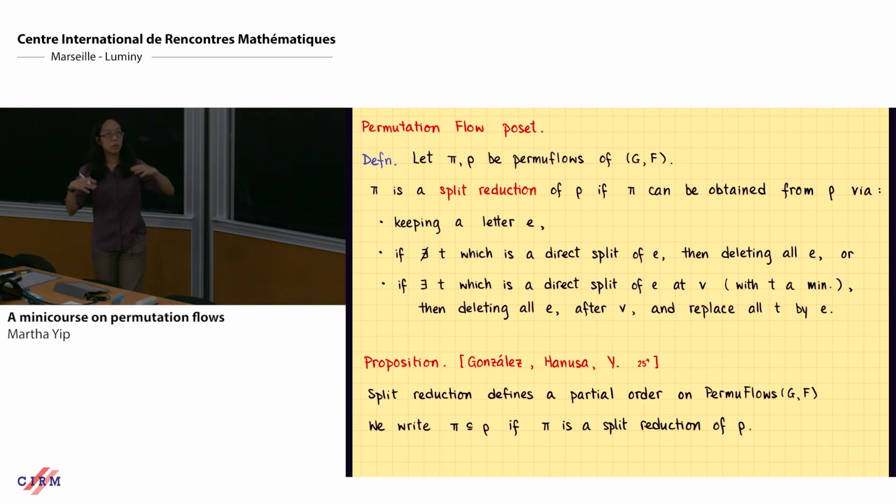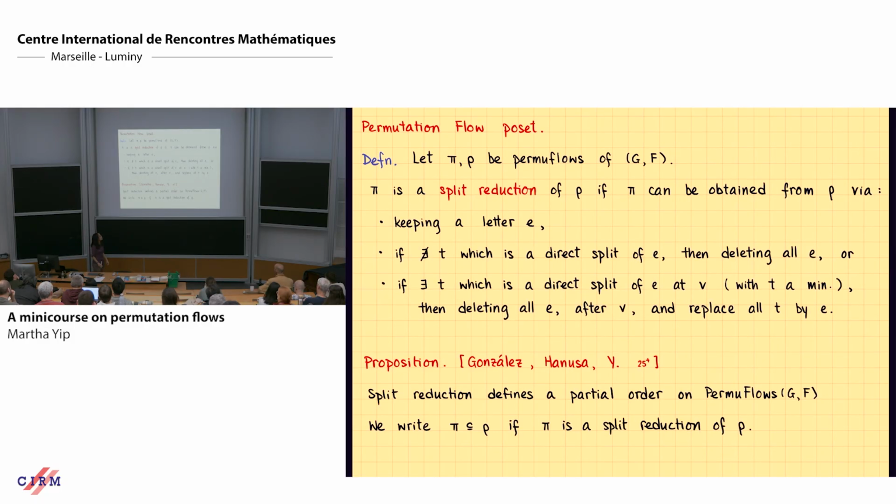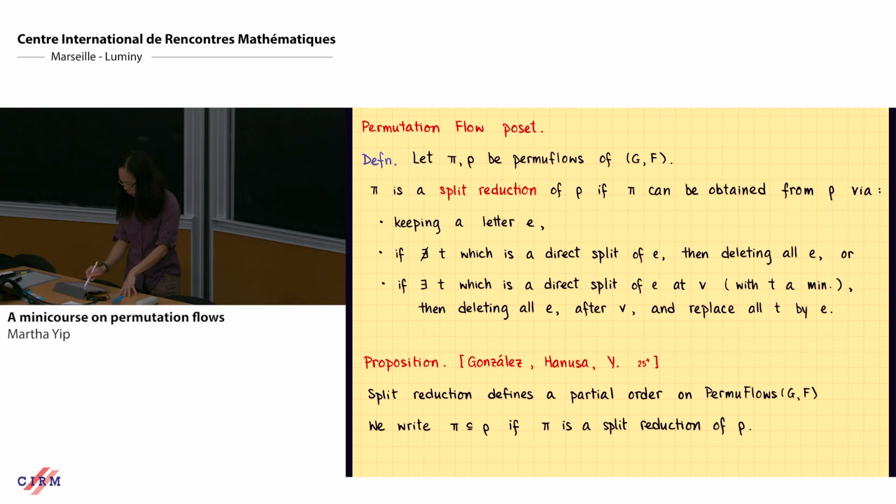Okay, we're trying to come up with a containment order on permutation flows. I say that pi is a split reduction of rho if pi can be obtained from rho by doing some operations to its letters. So I'm thinking right now that this is what should be happening. What I could do is start with a bigger one. I should be able to maybe keep a letter.